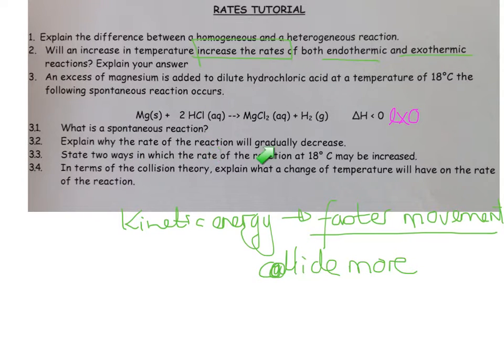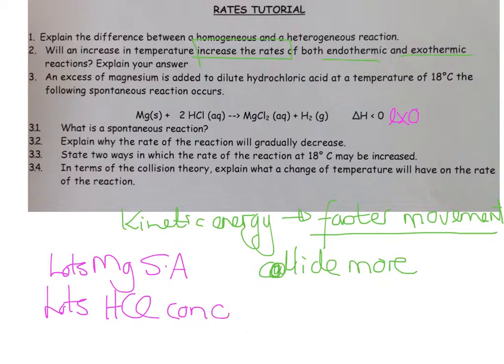Explain why the rate of the reaction will gradually decrease. This is an important concept. As the reaction starts, I have got lots of magnesium surface area. I have also got lots of HCl concentration. In other words, lots of particles, lots of moles of HCl.